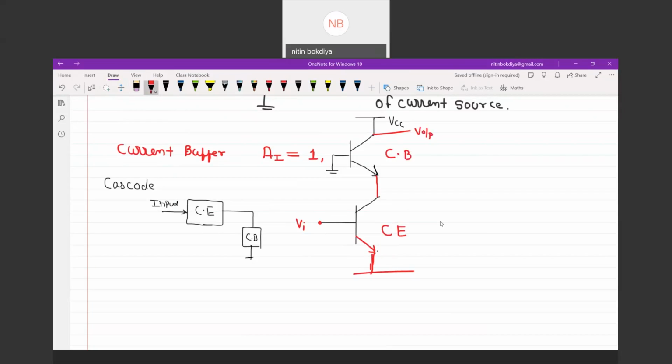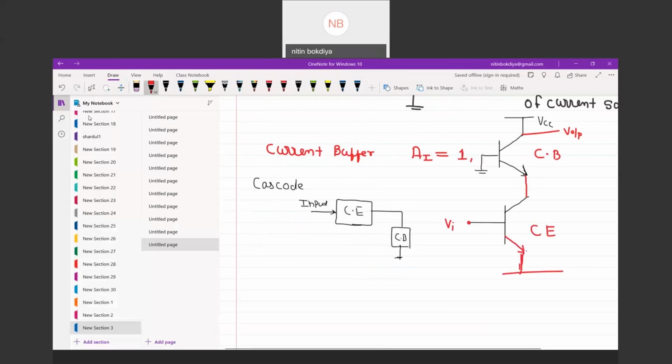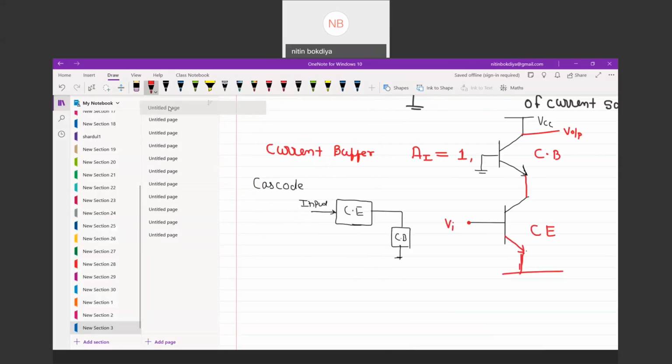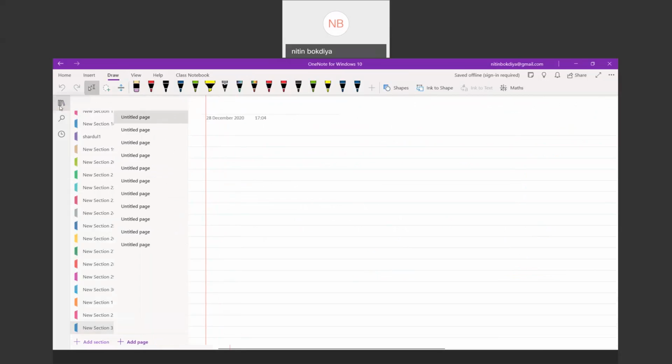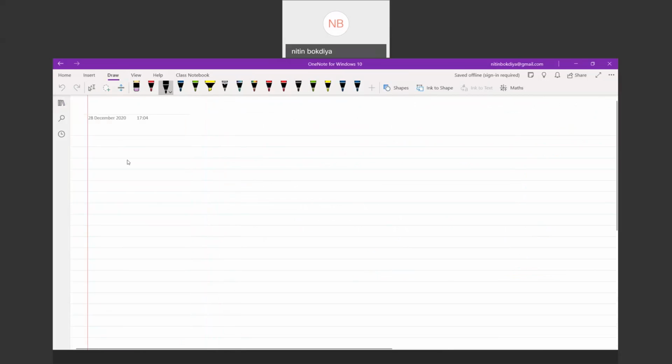So let's start the small signal analysis of the cascode configuration. This is our cascode circuit.